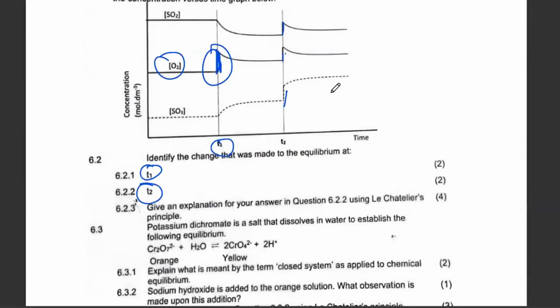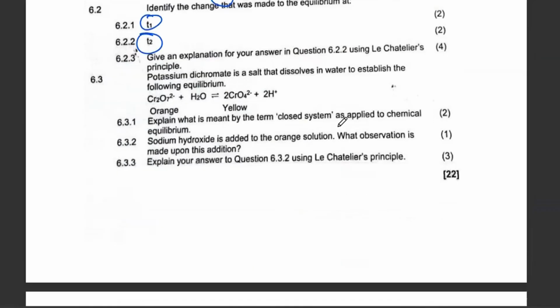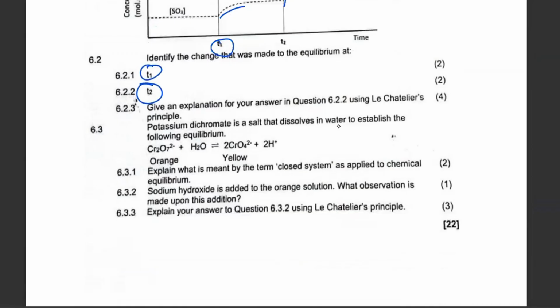That is so because the reaction did not reverse. Did you see, this is a reactant, this is a reactant, this is a product, meaning that the reaction did not change, it just shifted. Therefore, there was an increase in pressure.